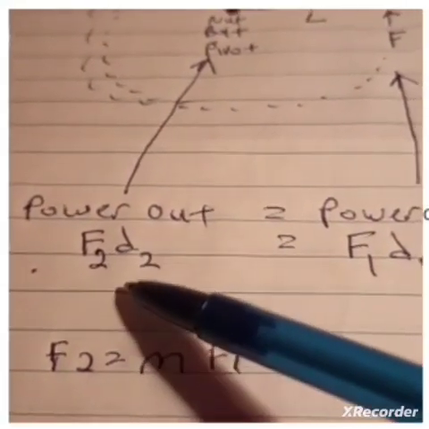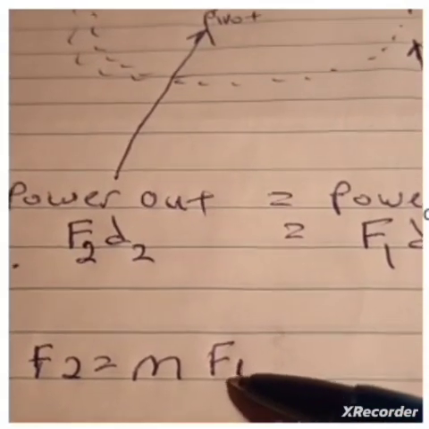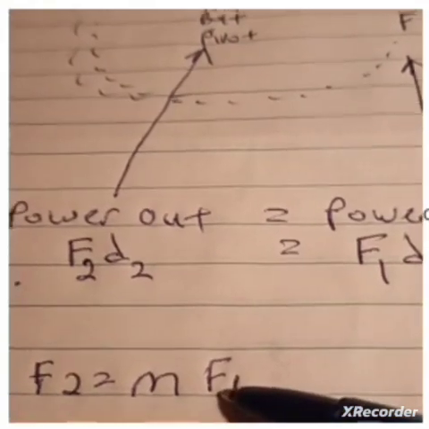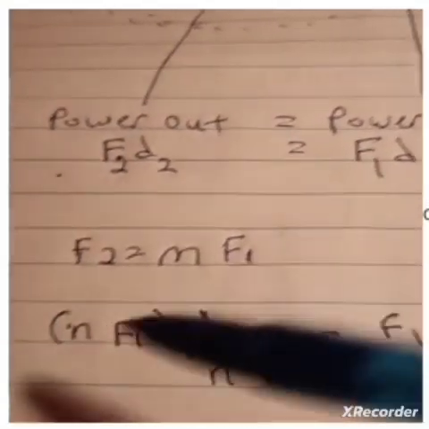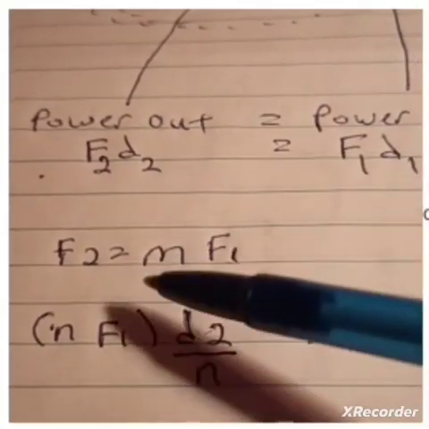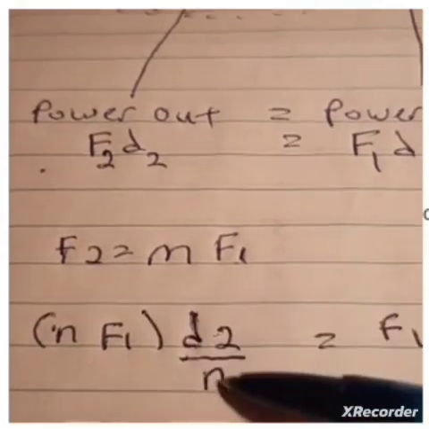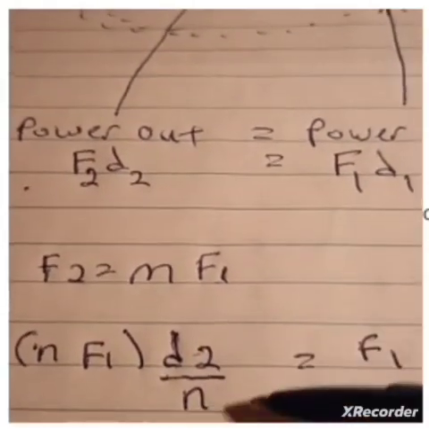So force 2 is some factor n higher than F1, and it's actually the lever arm distance. So to keep the power out at the equivalent value, you have to divide the distance by n. See, they would just cancel and it's still the same value.